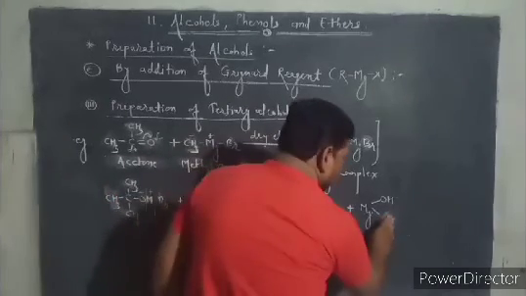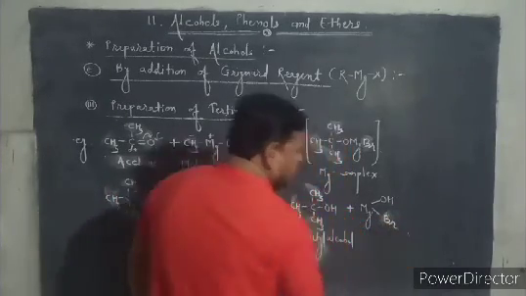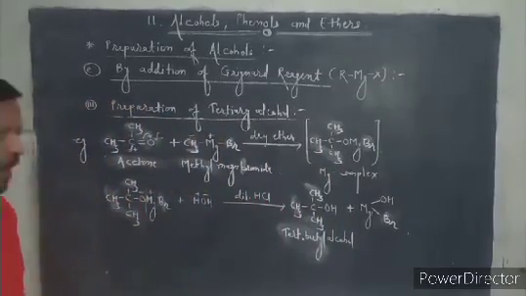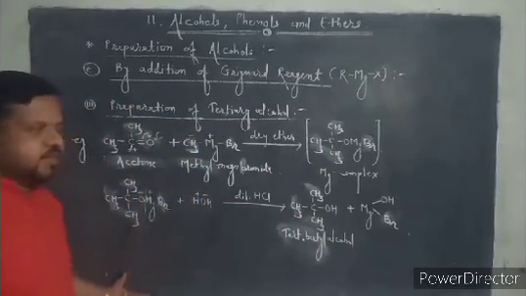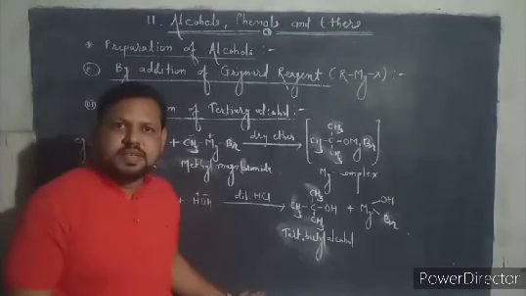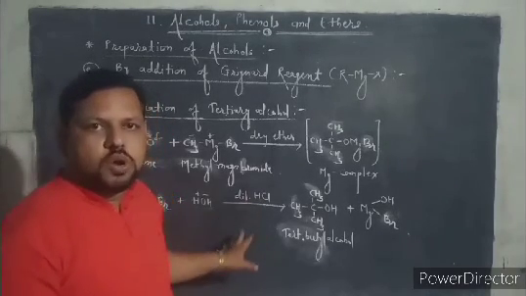Tertiary butyl alcohol and byproduct MgOHBr. Okay. In this way, preparation of alcohol is completed.